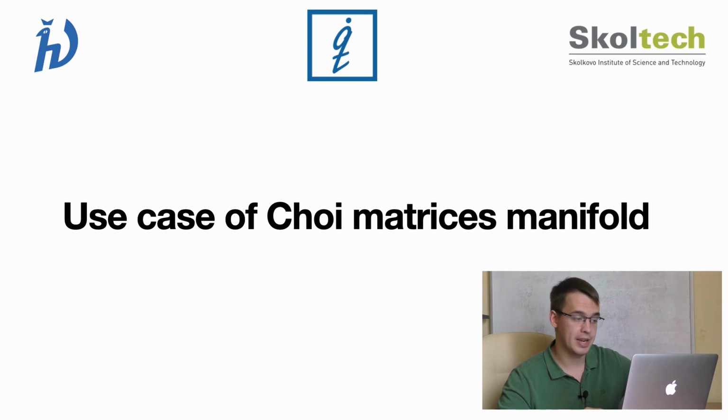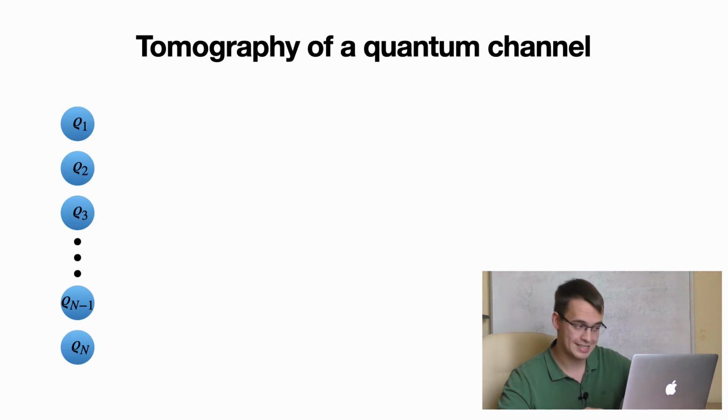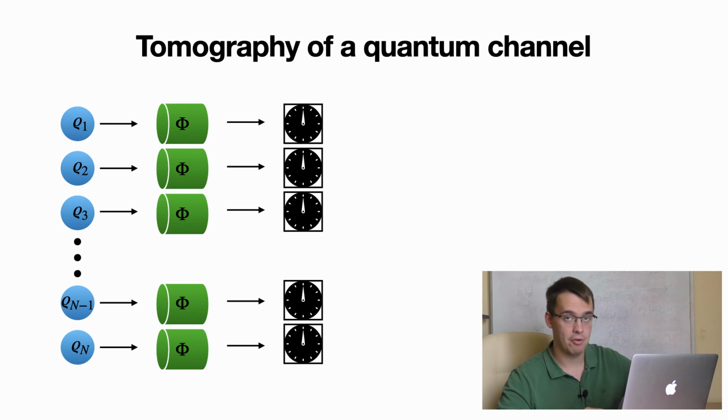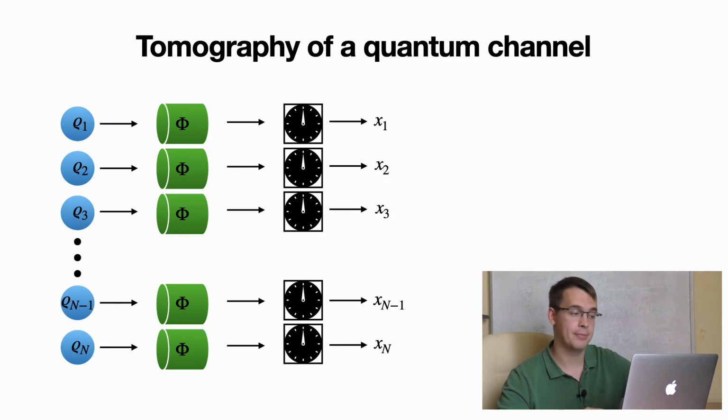For example, we can prepare a set of input quantum states, then pass these quantum states through the unknown quantum channel, then pass output states through some measurement device and end up with measurement results.